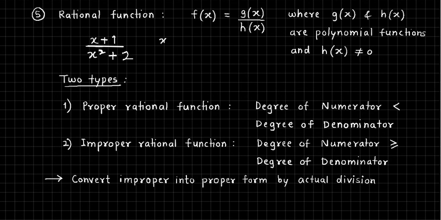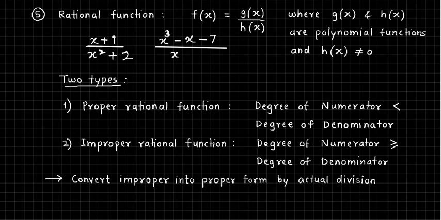So we may have something like, say, x cube minus x minus 7 whole divided by, so this is a cubic polynomial in the numerator, whole divided by, say, x plus 1.